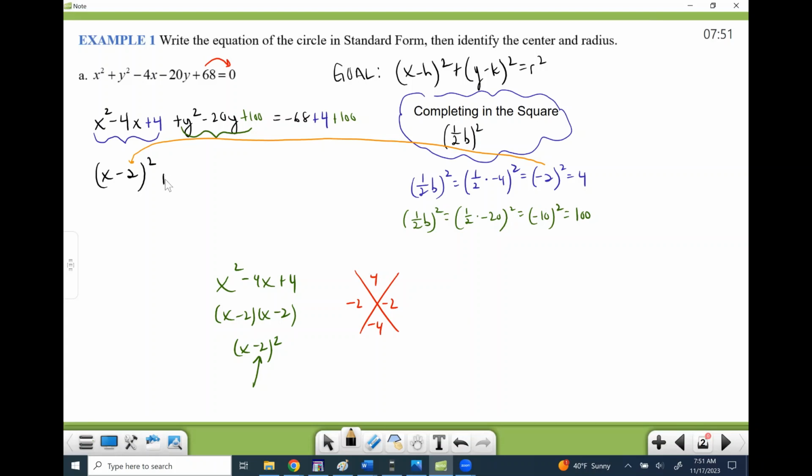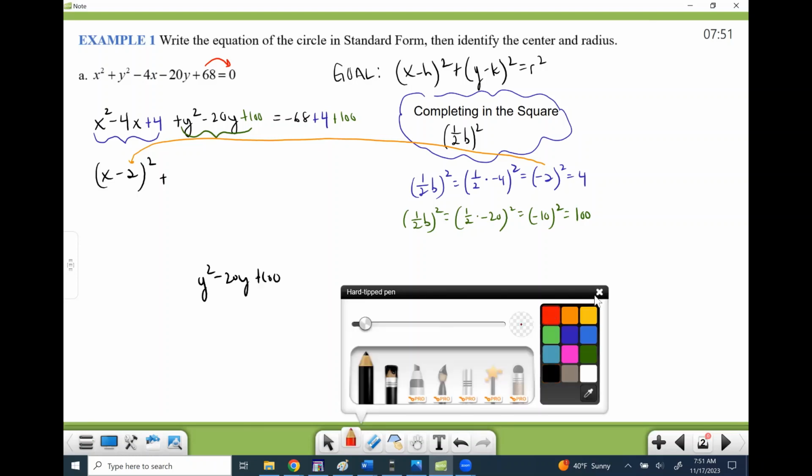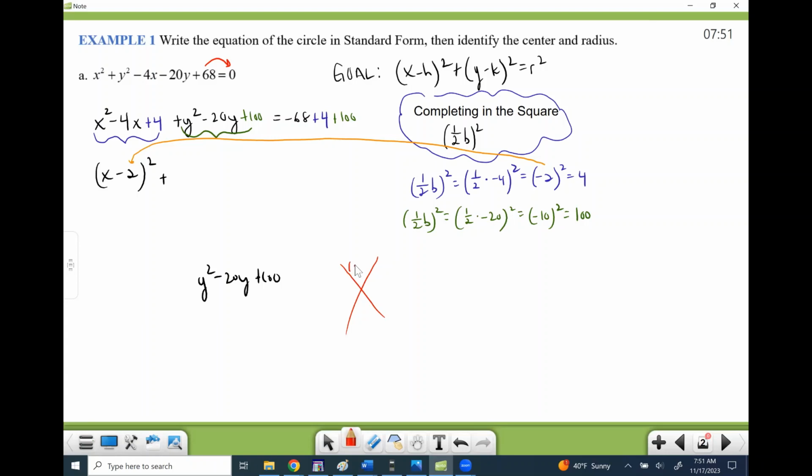And let's just check it again on this next one, and then we'll never do it again. We'll use the shortcut. Okay. So for the next one, it's y squared minus 20y plus 100. So we would be looking for the factors of 100 that add up to -20. Well, -10 times -10 is 100, and -10 plus -10 is -20.